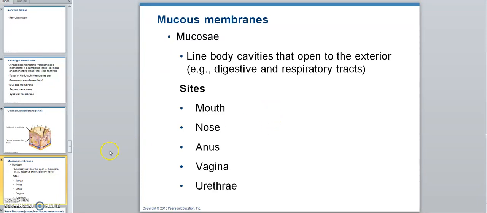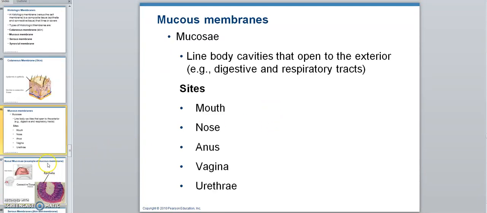Now notice, I never said anything about it having mucus. All of the areas, the mouth, the nose, anus, vagina, do have mucus. The urethra doesn't have it normally or it would clog it up, but it can produce it quickly.